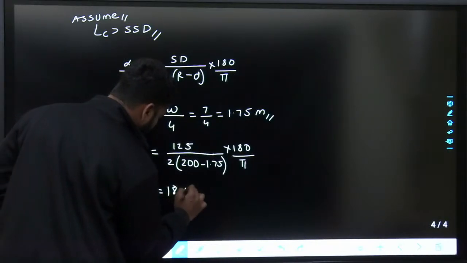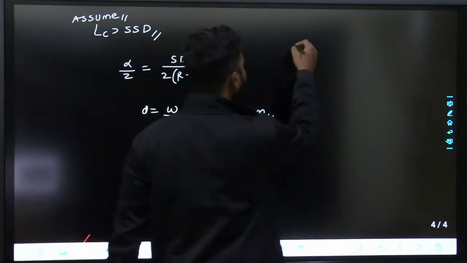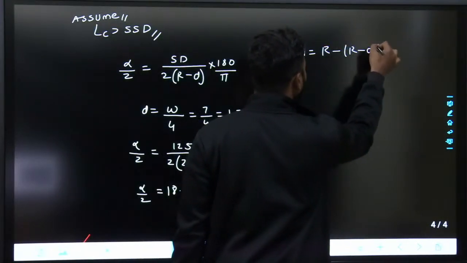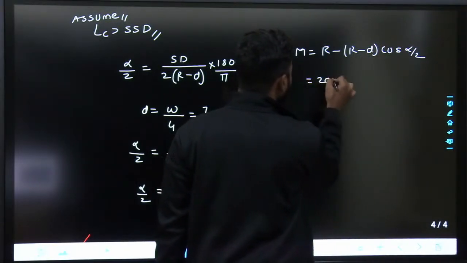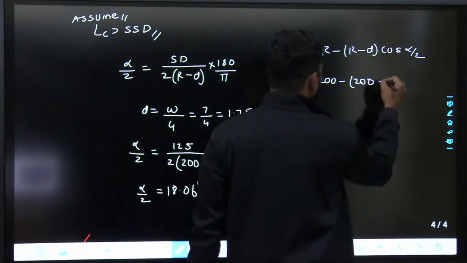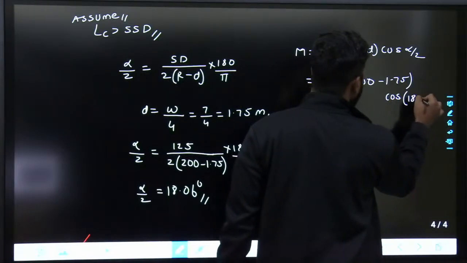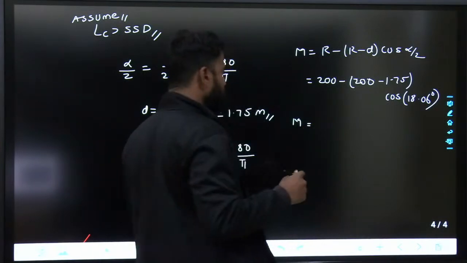Alpha by 2 equals 18.06 degrees, and setback distance m equals R minus of (R minus d) cos alpha by 2. R is 200 minus of (200 minus 1.75) cos 18.06 degrees.